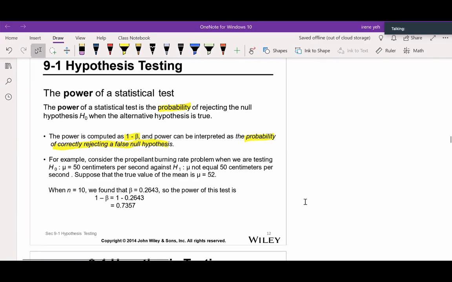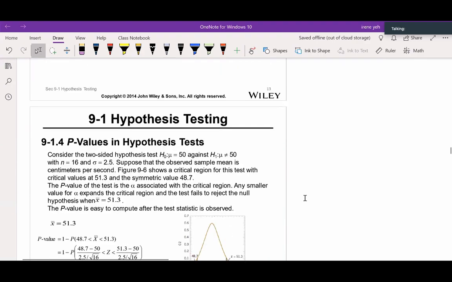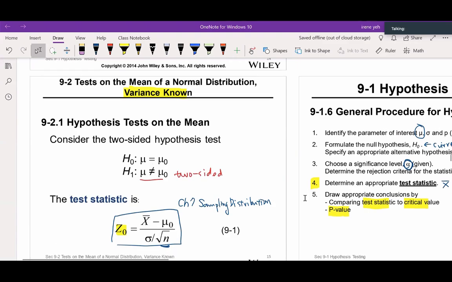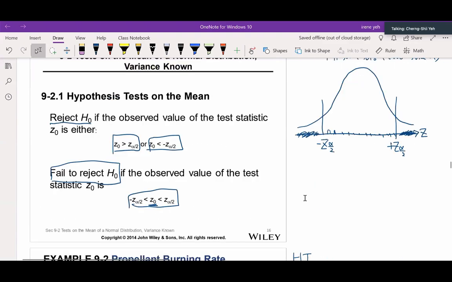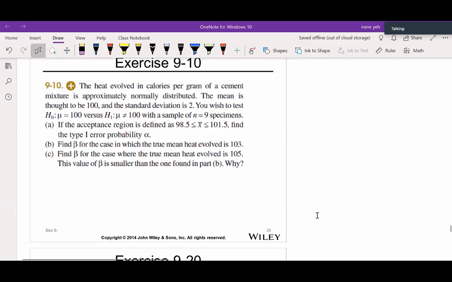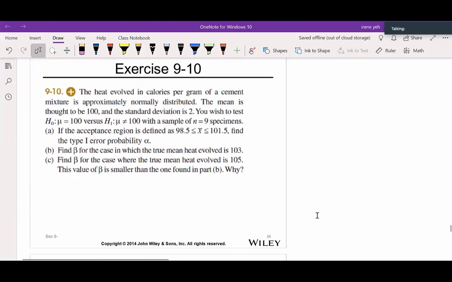Okay, let's look at a few exercises. Okay, we went over all that. Let's go to this one. We are performing experiments and calculating the heat evolved in a cement mixture.